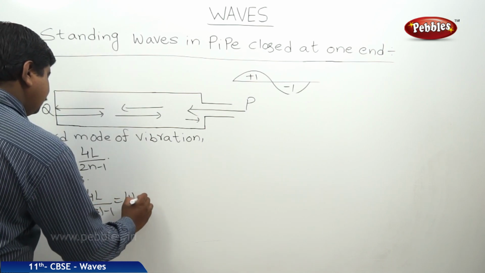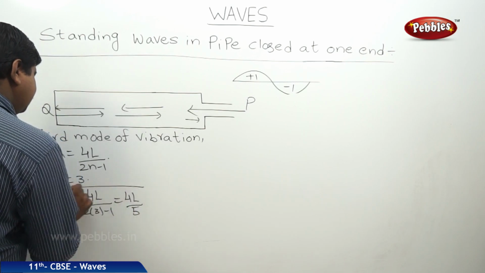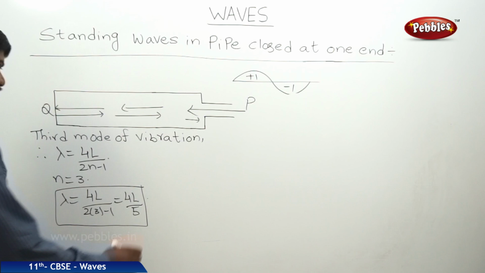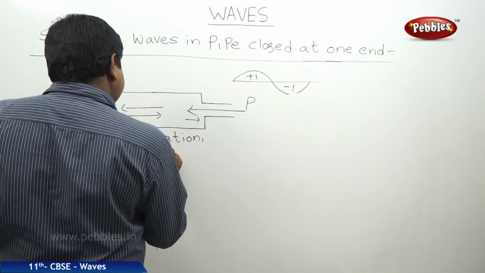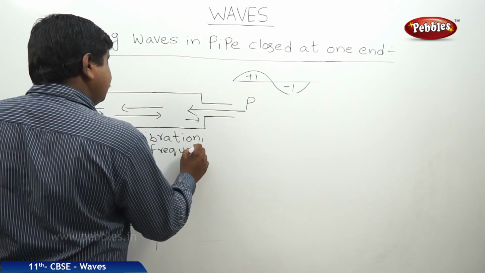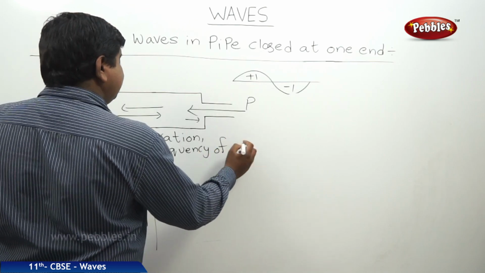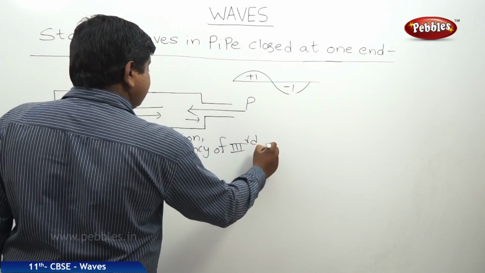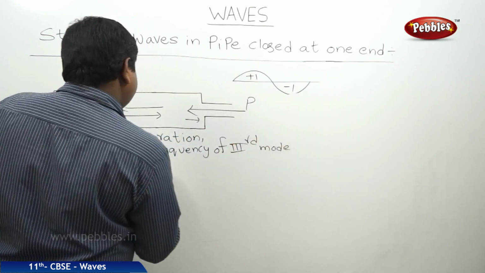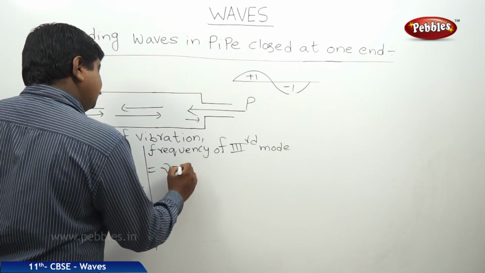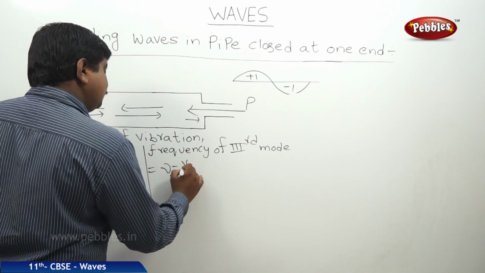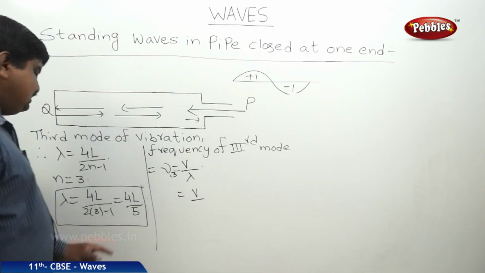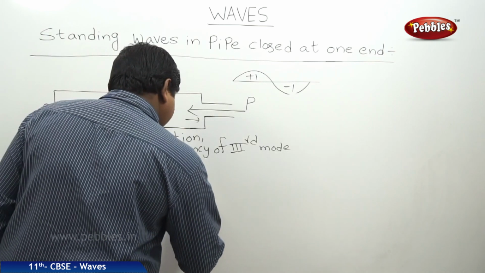This is equal to 4L by 5. So this is the wavelength in the third mode of vibration of a standing wave. Now we will find out the frequency. So the frequency of the third mode, nu 3, is equal to V by lambda. Therefore it is V by, what is lambda? 4L by 5.